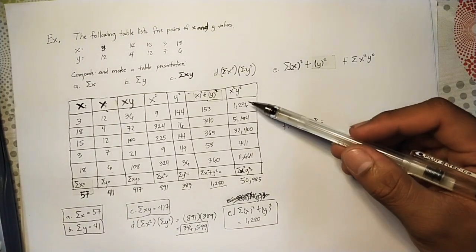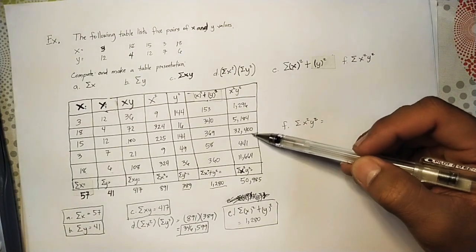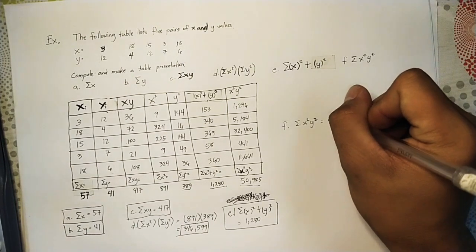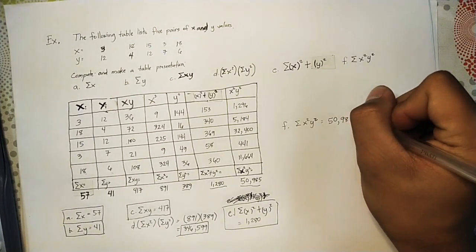Okay, so add all of these values and you will get the answer of 50,985.